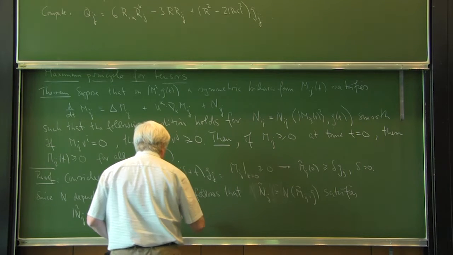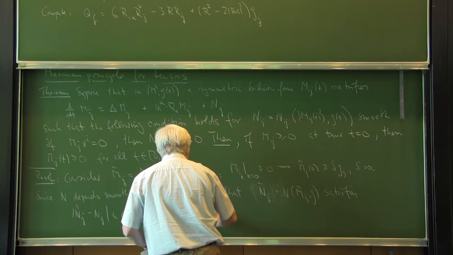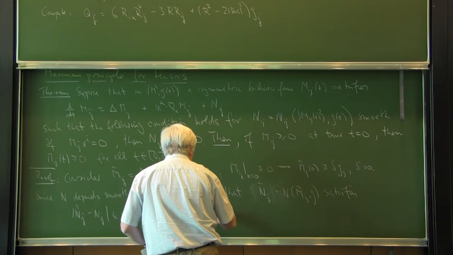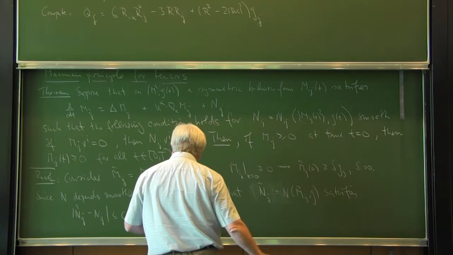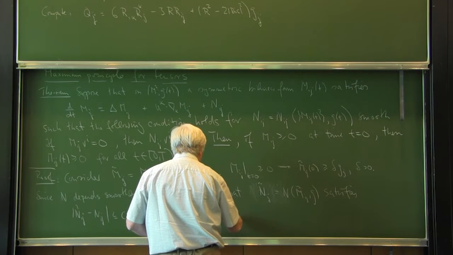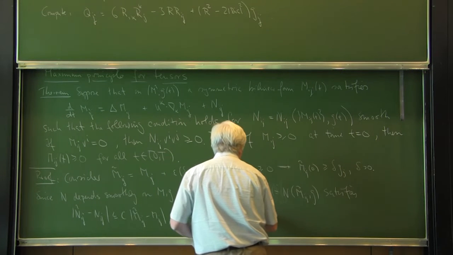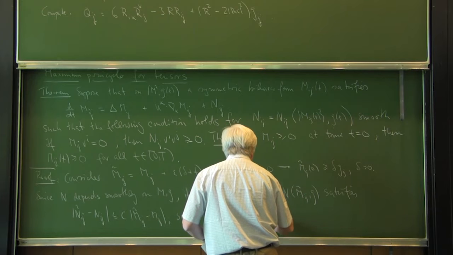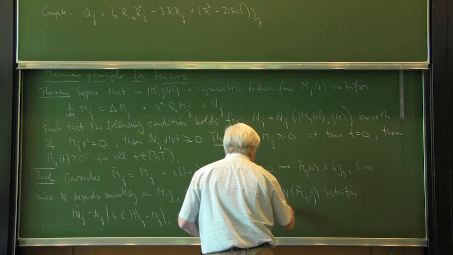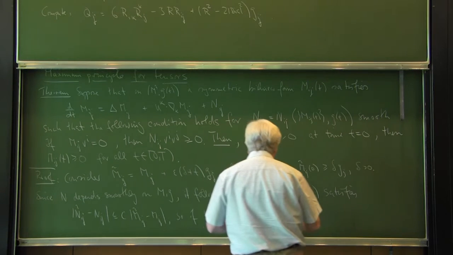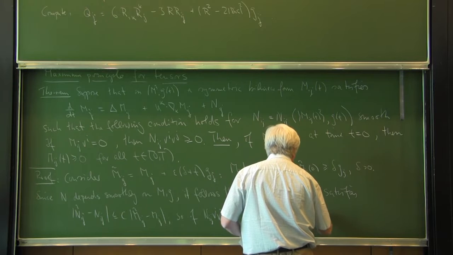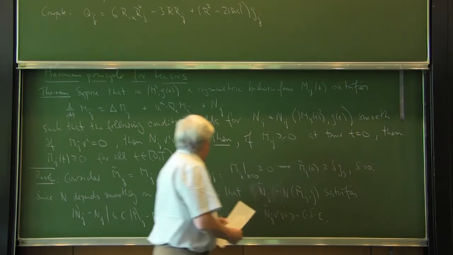so if Nij vi vj is greater or equal to 0, it implies that N tilde ij vi vj on the same vector is at least bigger than some constant times delta times epsilon.